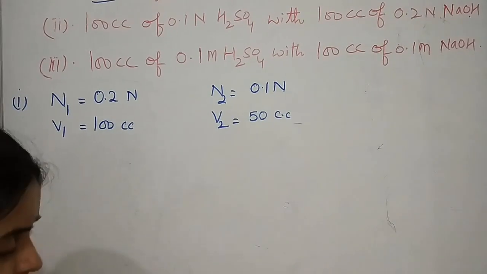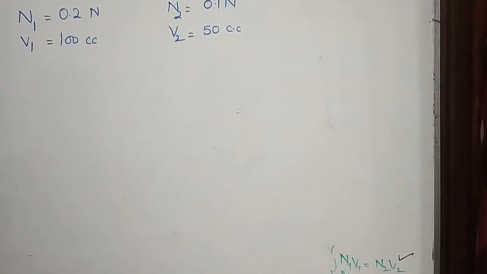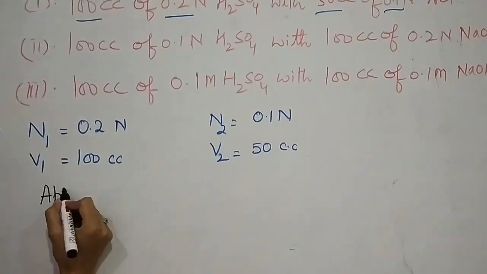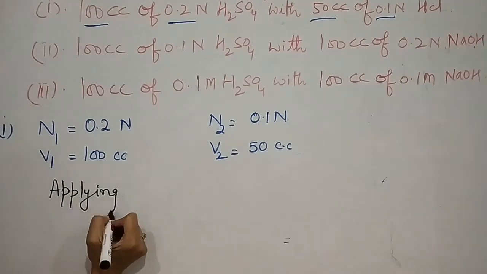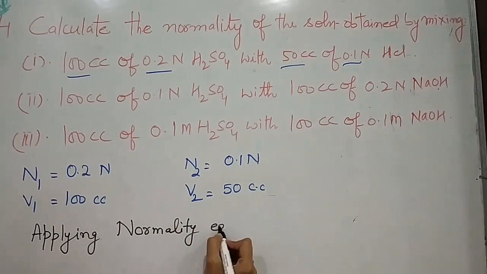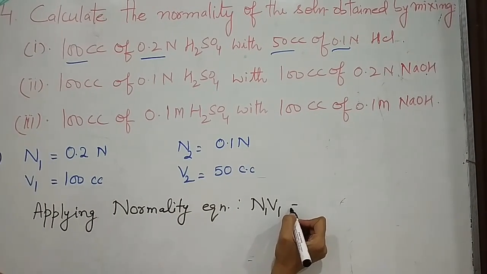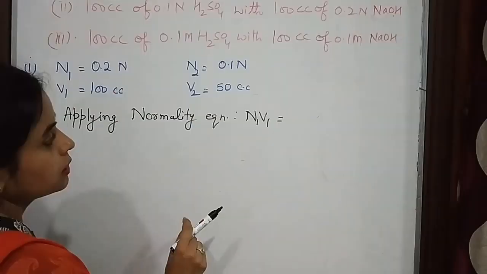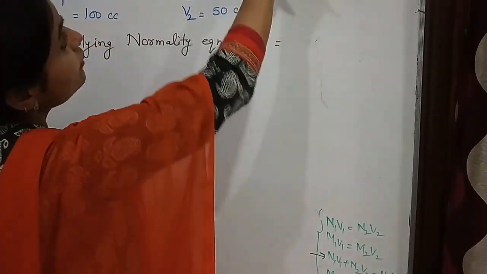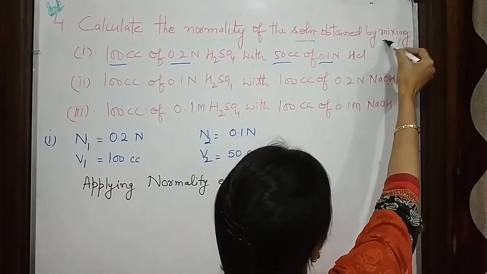And we use here this formula, N1 V1 equal to N2 V2. We know that, applying normality equation, that is N1 V1 equal to... we here apply this equation, not this one. Why? Because here we have to find out the normality of solution obtained by mixing.